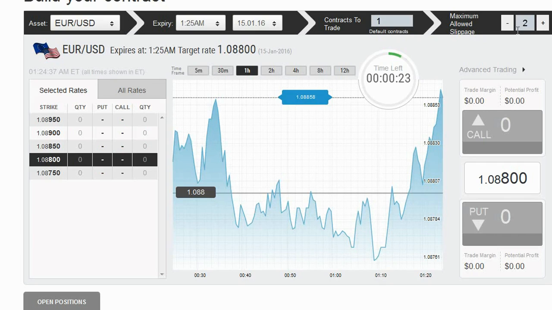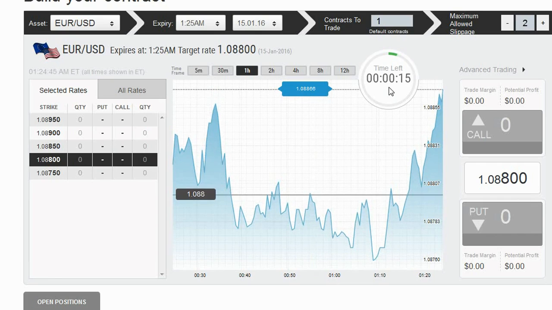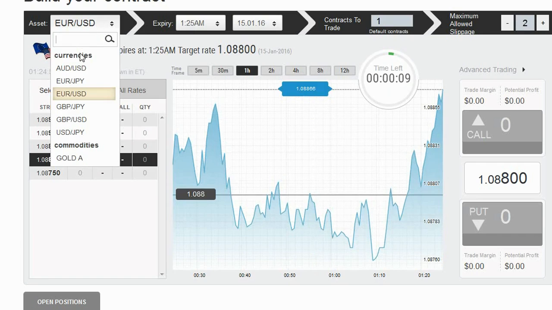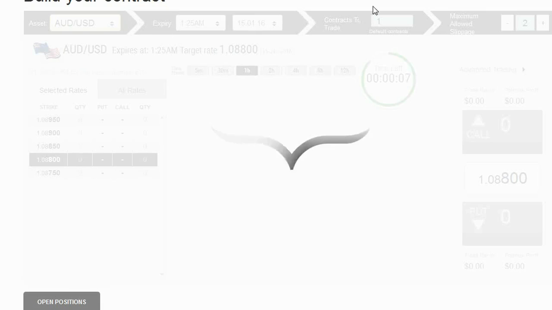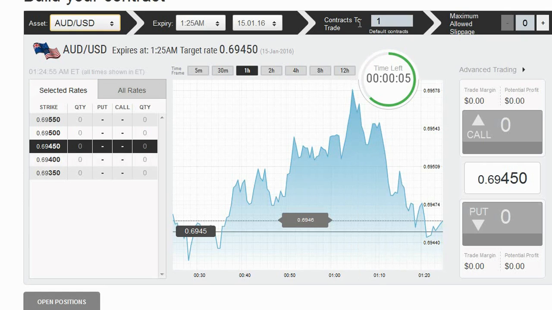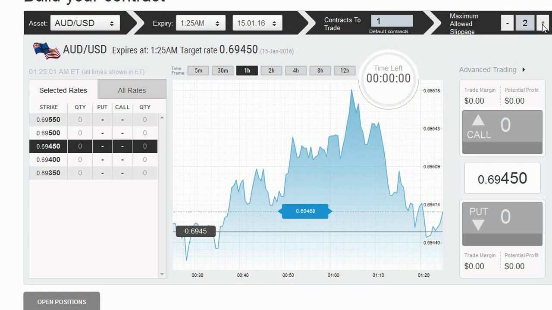When this timer here resets in just 20 seconds, this is going to reset. If I move over here, that slippage is just reset. Always remember to set your slippage.